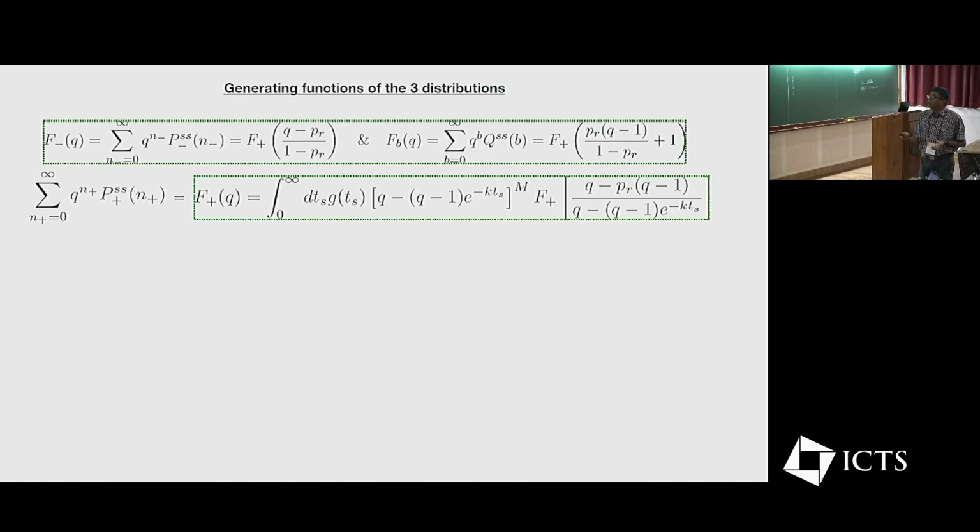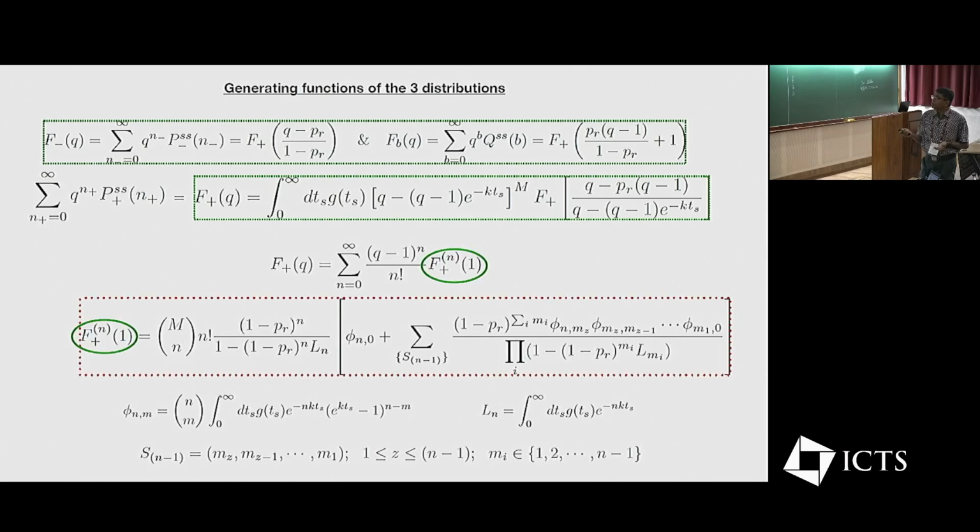Then we can proceed further, building generating functions: f minus for p minus, fb for qb, and f plus for p plus. And as I said, there would be a self-consistent equation now for f plus. Once you know f plus, you can build the generating function fb, and from there you can get the desired distribution.